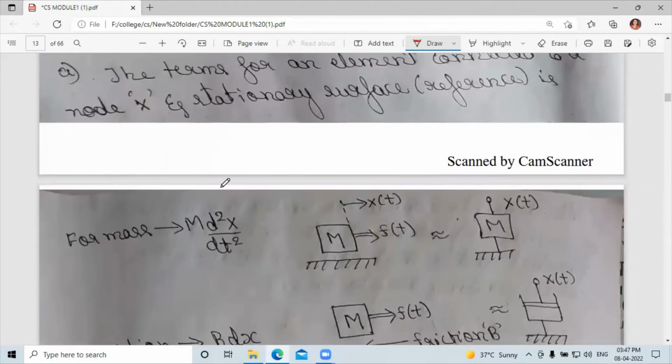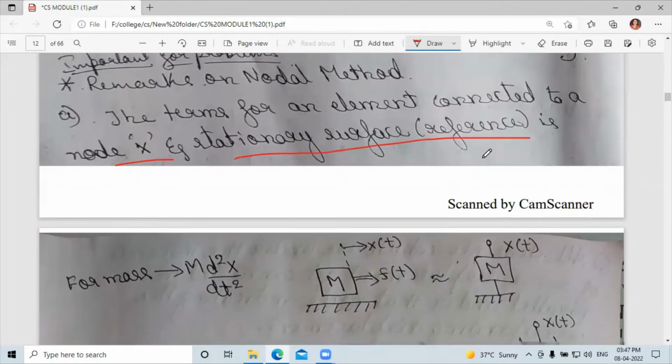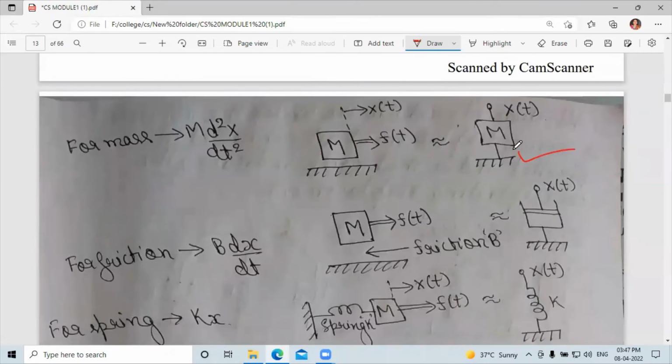Next, this is important for problems: the term for an element connected to node X and a stationary surface. You can observe a mass is connected to X of t and also to ground. For the mass, the equation is m d square x divided by dt square.